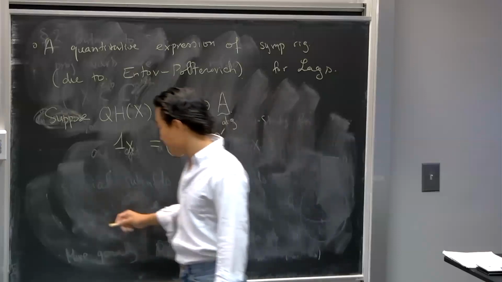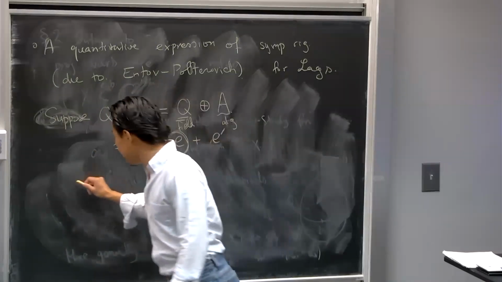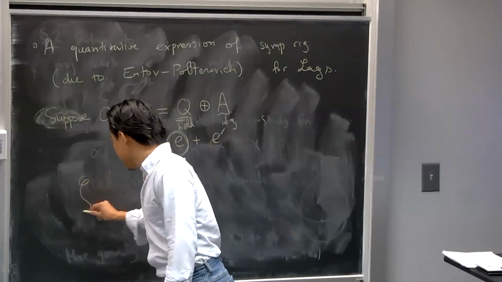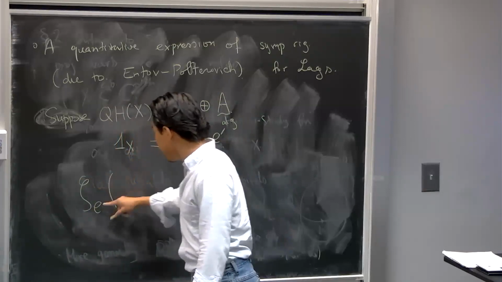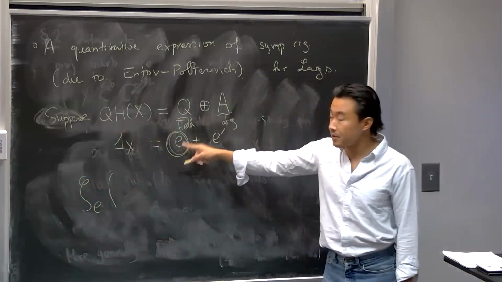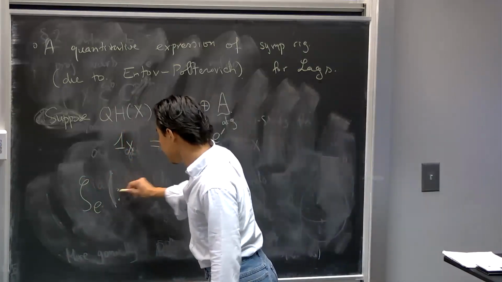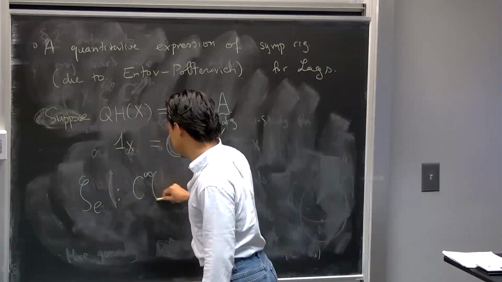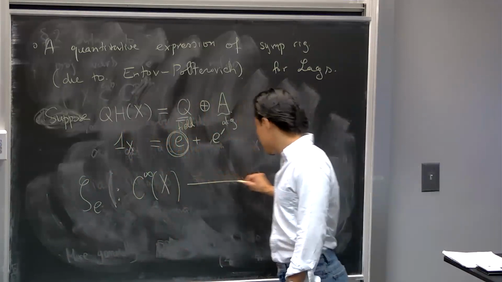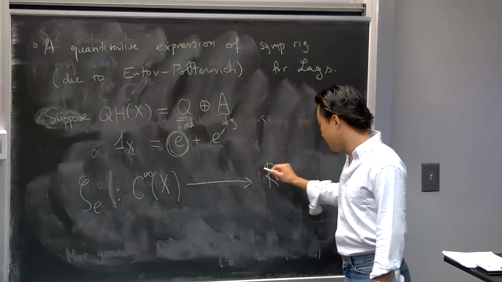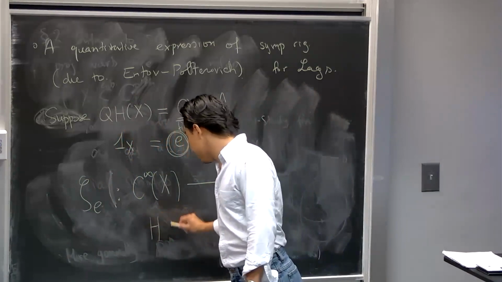Entov-Polterovich define the following function, which I'll call zeta_e, where e is this idempotent of the field component. It's a function from the set of smooth functions on X to the reals.